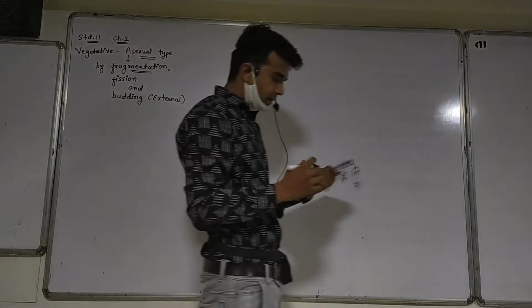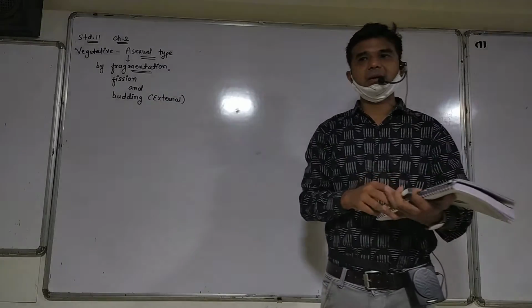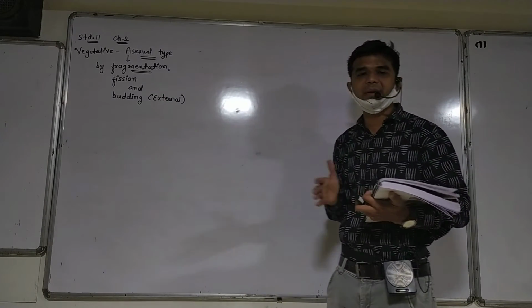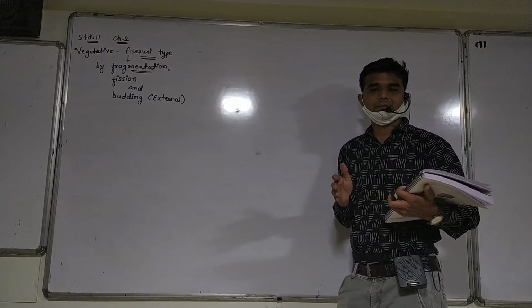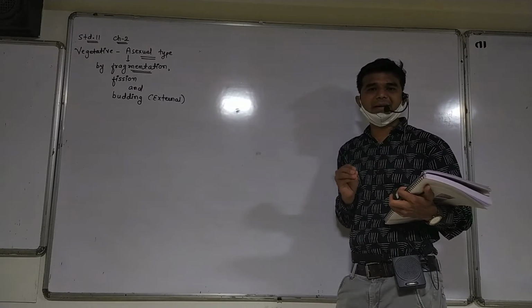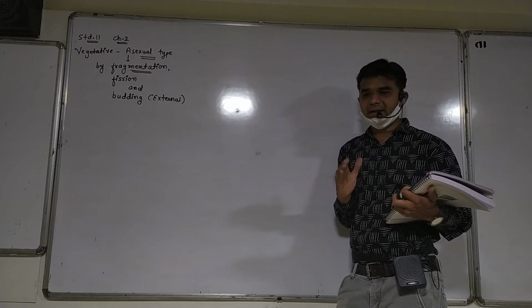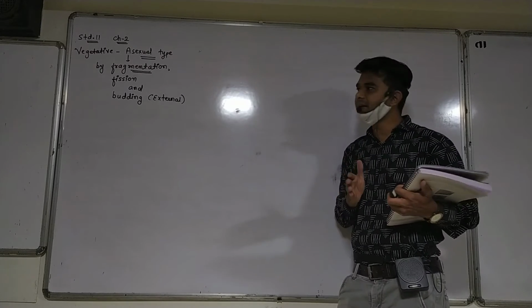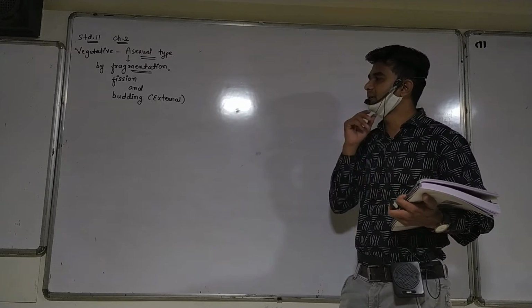As you know, in fragmentation the body is divided into so many parts, so that the fragmented part of the fungi can reproduce the remaining part. That is known as fragmentation.